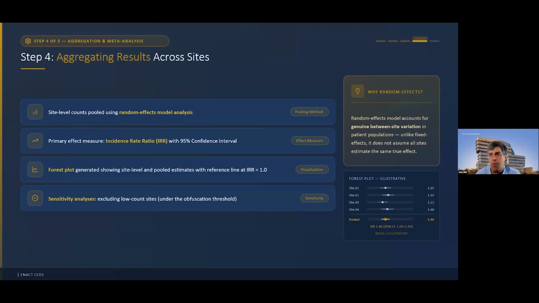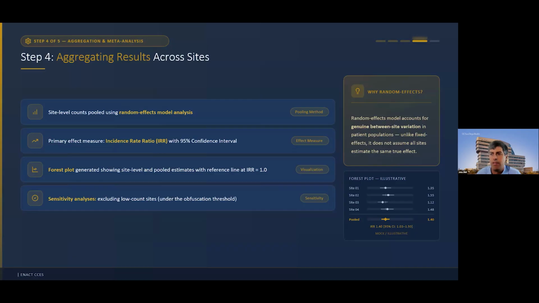And then they're generating a forest plot to show how much each site is basically contributing to the pooled estimates. And so that will give the clinician who's going to be reading the report an idea whether this is seen at multiple sites the same way, or if you're having a lot of divergence between sites, or if you're having one main site that is really pulling all of the data one way.